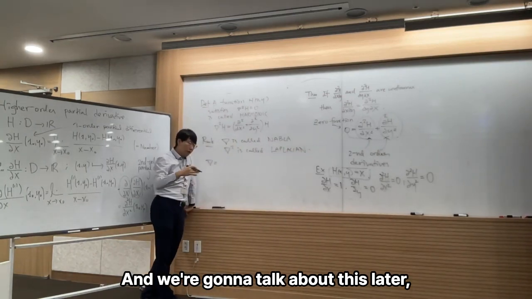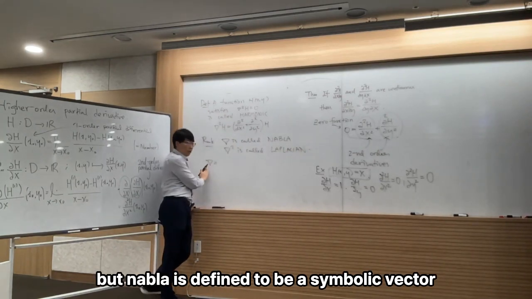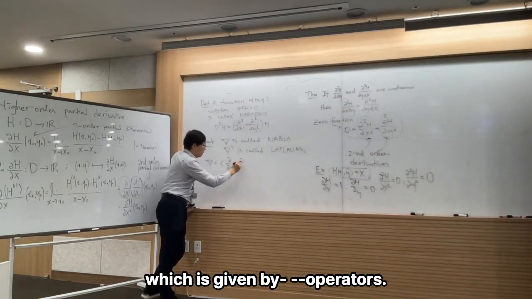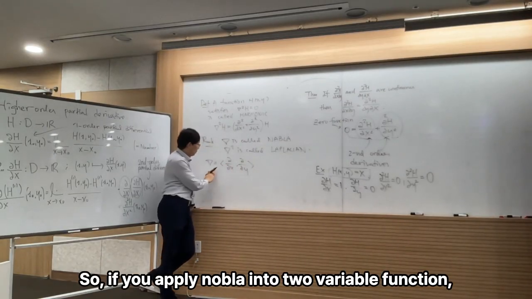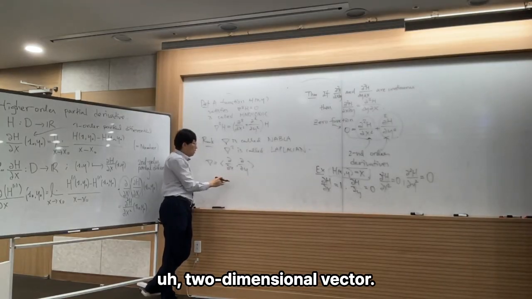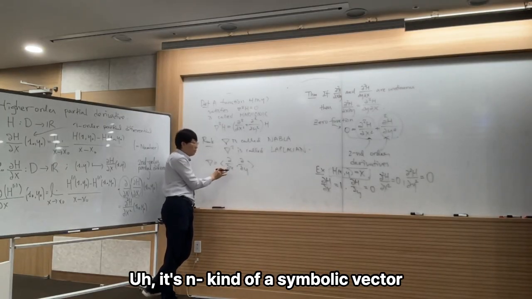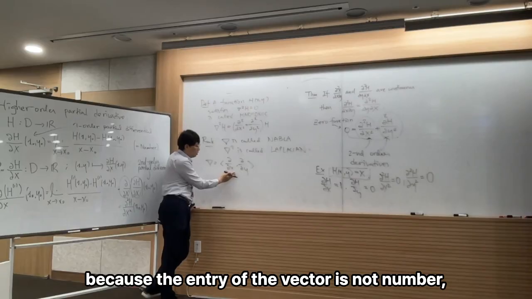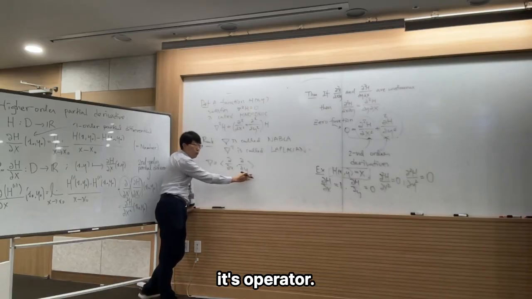And we're going to talk about this later, but nabla is defined to be a symbolic vector, which is given by operators. So if you apply nabla to a two-variable function, then it's a two-dimensional vector. It's kind of a symbolic vector because the entries of the vector are not numbers, they're operators.